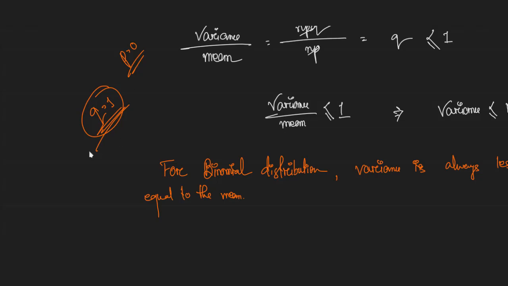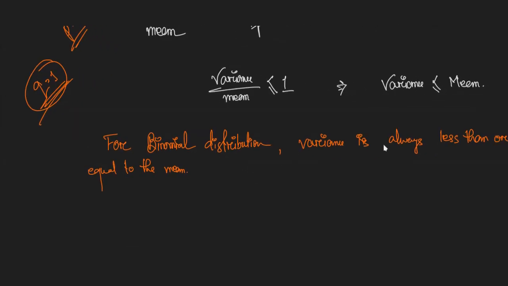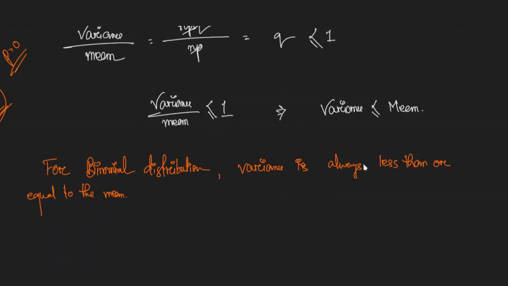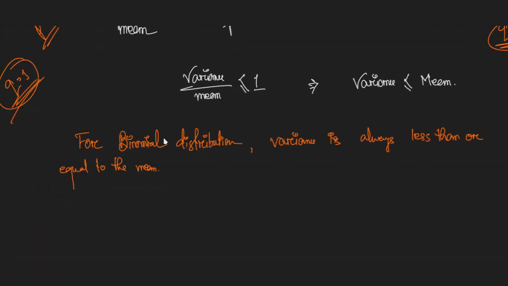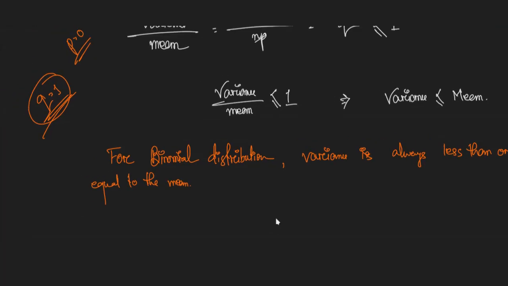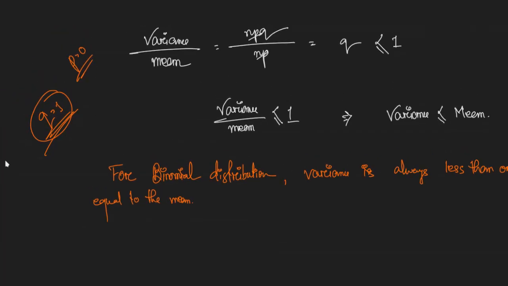So theoretically it is less than or equal to, but logically you should think that q can never be 1. If q becomes 1, applying the binomial distribution has no meaning. So q will always be less than 1, and that's why you can write strictly less than. In some books it is given as strictly less than.